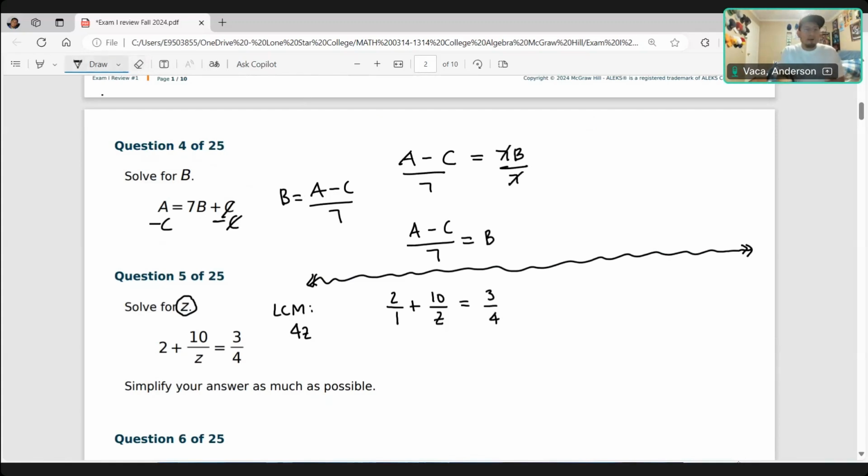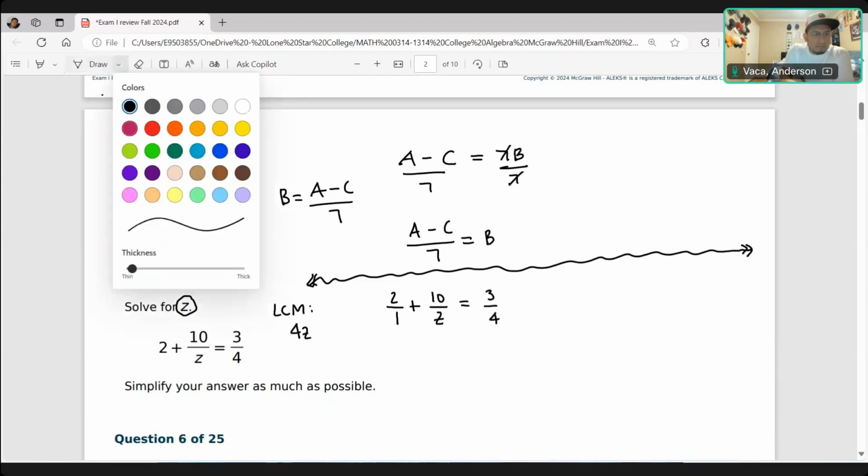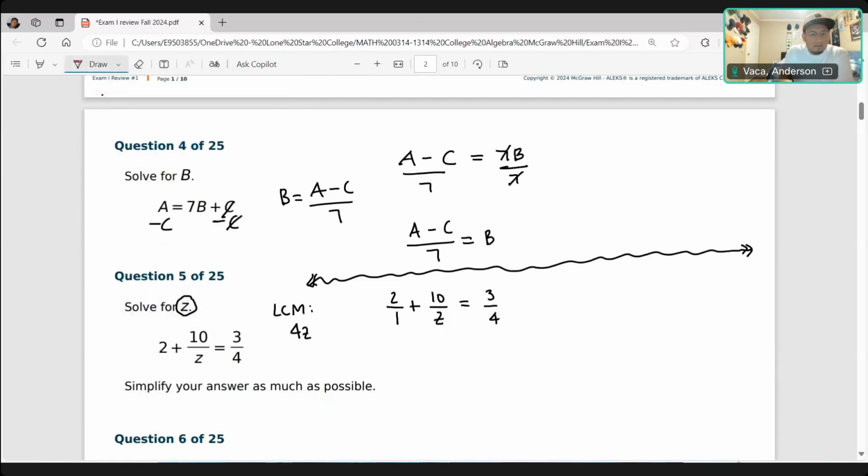Moving on here because we don't want to confuse anybody. Let's change the ink because we're going to be writing some things. We're going to multiply by 4Z because we want all of these denominators to be exactly the same. What do I need to multiply Z by so that it looks like 4Z? You got it, times 4.